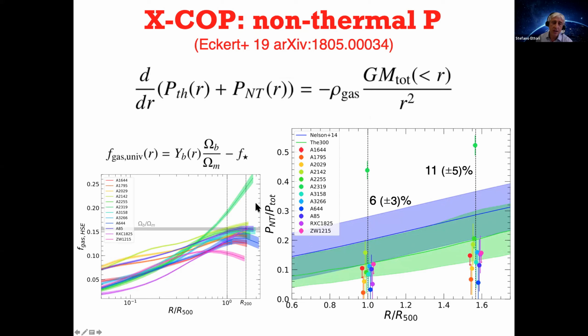And in this case, just assuming that the baryon fraction is indeed the one that we assume from cosmology, we can infer that the role of non-thermal pressure support, like turbulence or bulk motion, that still should be present as a kinetic energy in the plasma, is in the order of between 5 and 10% in all the massive systems that we are investigating here.